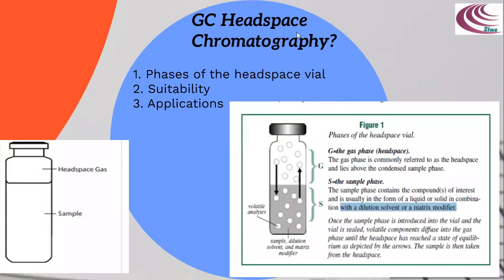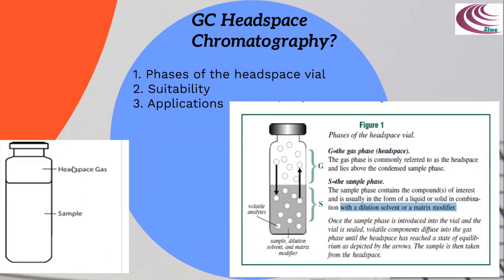So dear students, another aspect we will now see is GC headspace chromatography. Headspace is the gas space above the sample in a chromatography vial. For example, this is a vial, and here we are talking about headspace gas.